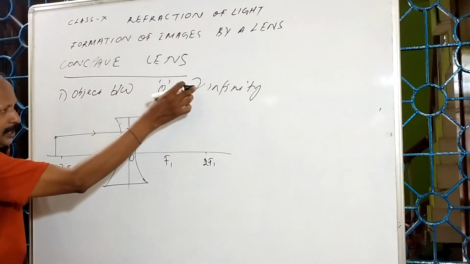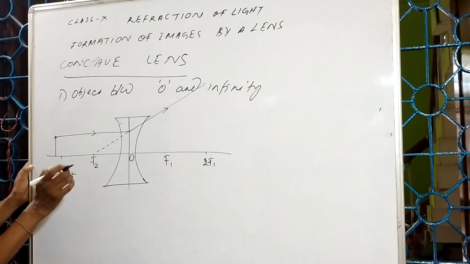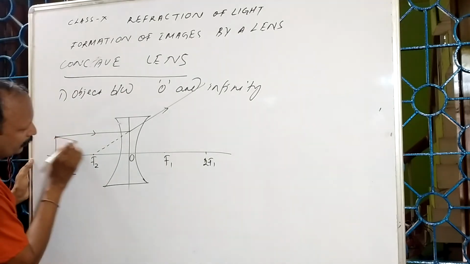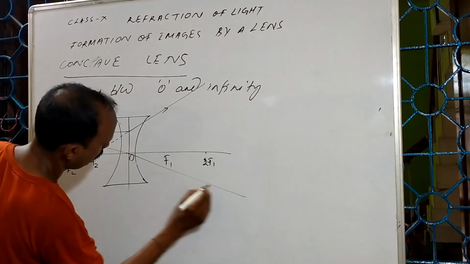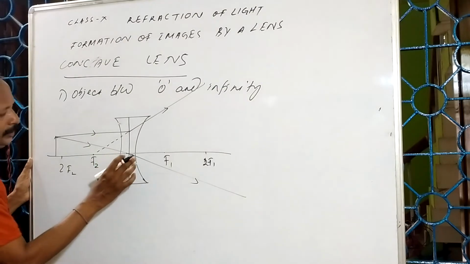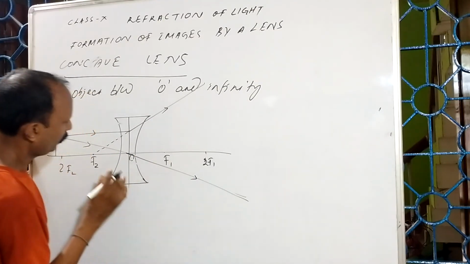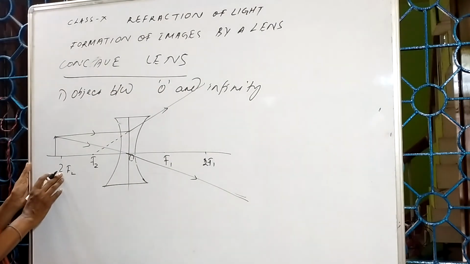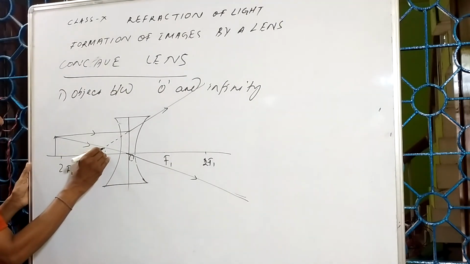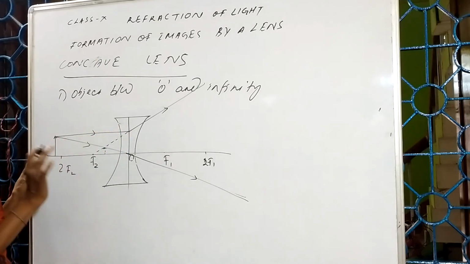That means if I produce the refracted ray backwards, it will meet at the point f2. Next one, the ray incident at the optic center will refract without changing direction. So this is the meeting point where the image forms. It will be a virtual image, because this ray is not real. This is virtual.